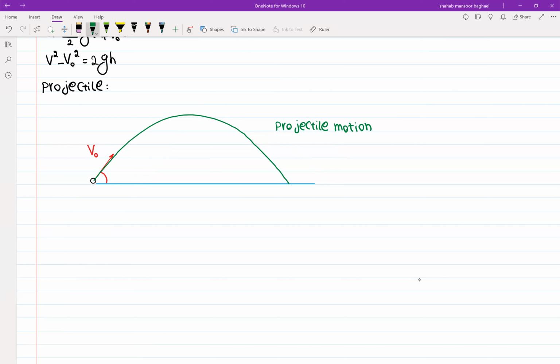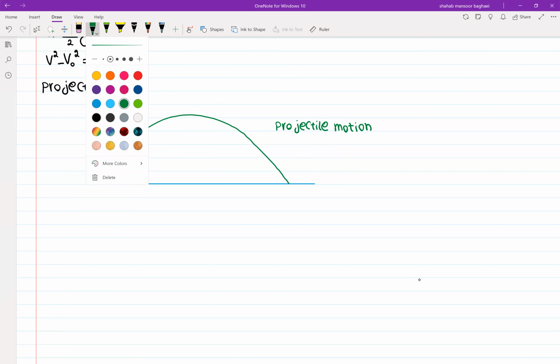Okay. I want to discuss the velocity and acceleration here. Look at this coordinate here. This is my origin.